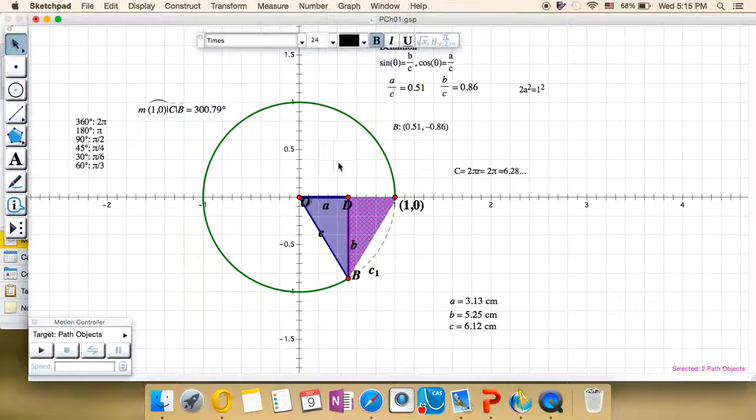If you reflect that, you can see it. This hypotenuse is 1 because it's the radius. Therefore a is a half, and the height is negative square root of 3 over 2, which is about negative 0.86.